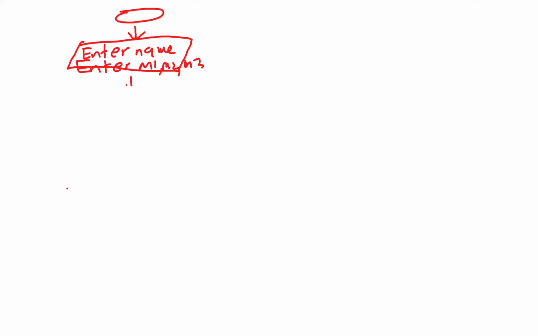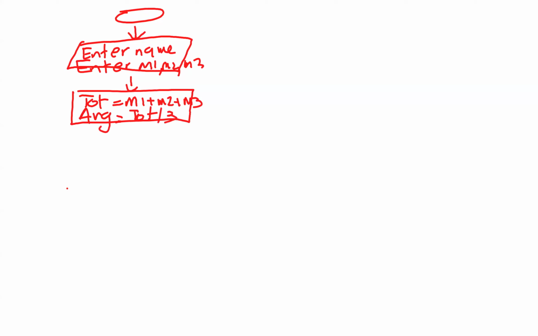And then you're going to find the total. First thing is you have to find the total. Total equal M1 plus M2 plus M3. And average equal total divided by 3.